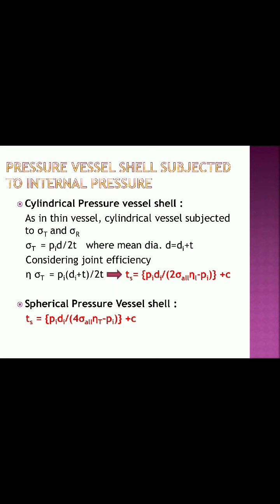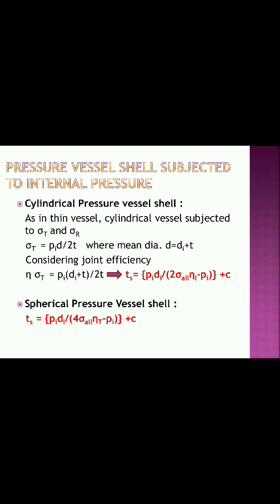Now, spherical pressure vessel shell. For a spherical pressure vessel shell, there is a slight change in the formula, that is, thickness of shell is equal to pi di upon 4 into sigma allowable into efficiency of joints minus internal pressure pi, plus c.